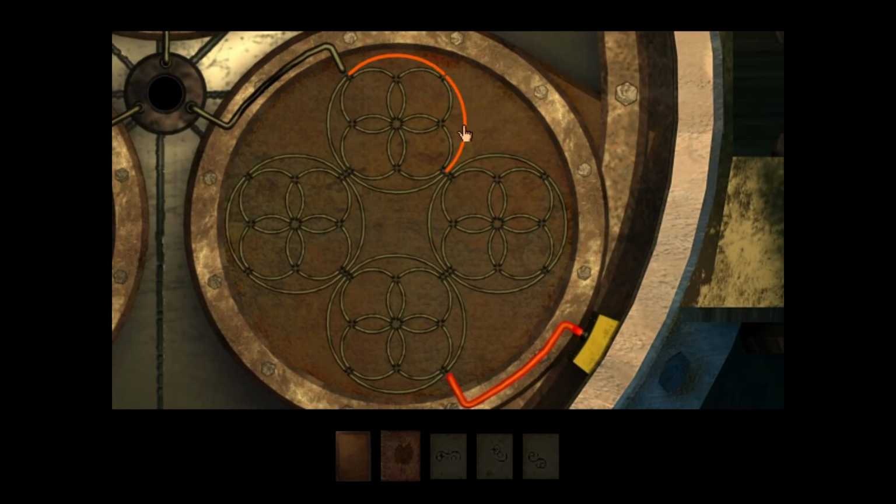Dynamic. It goes all the way down here. Maybe it doesn't.